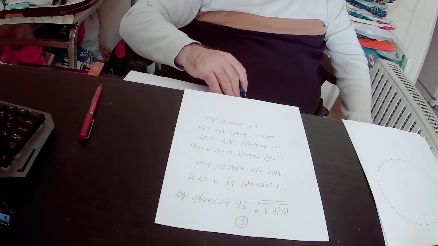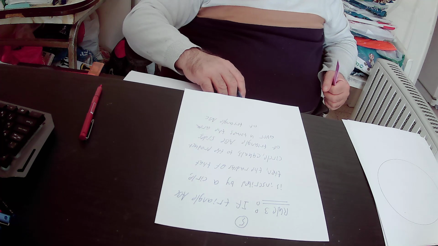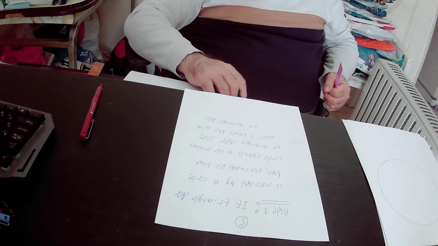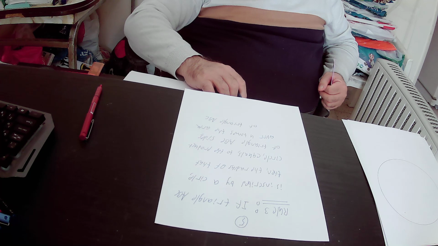I will read rule number 3 again. Rule number 3 states that if triangle ABC is inscribed in a circle, then the radius of that circle equals the product of triangle ABC's sides over 4 times the area of triangle ABC.